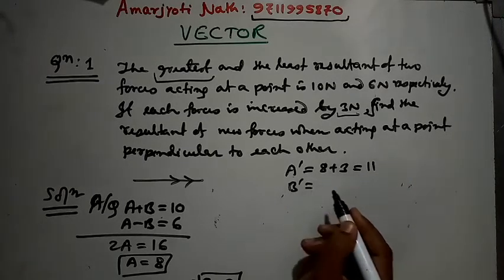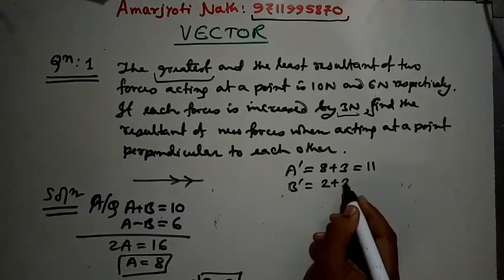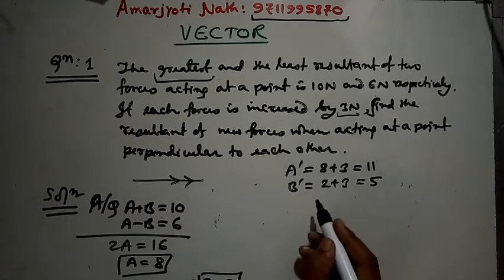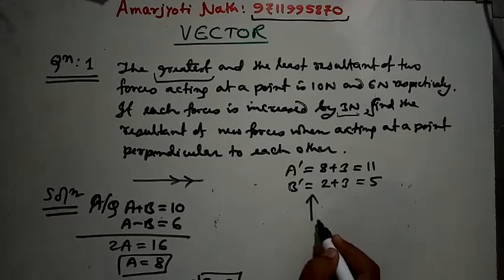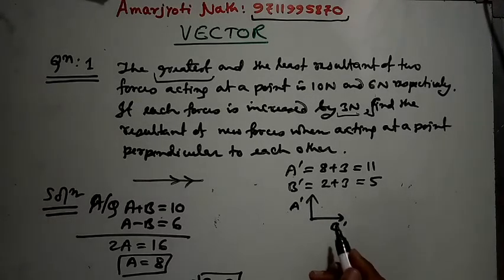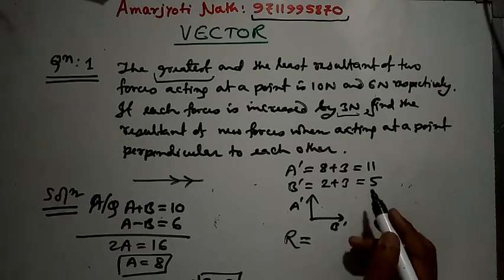B dash is 2 plus 3, which becomes 5, and it is given that the two vectors are at right angle to each other. This is A dash and this is B dash. The new resultant R dash is to be calculated.